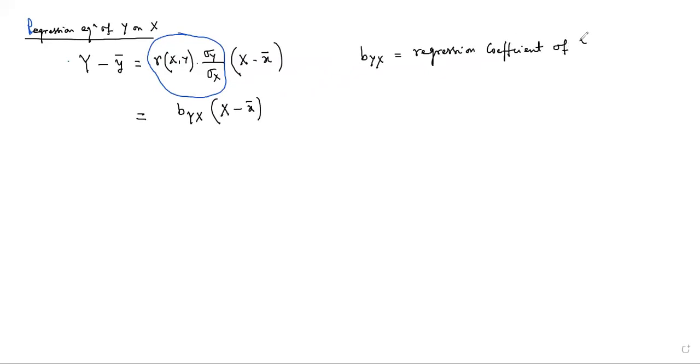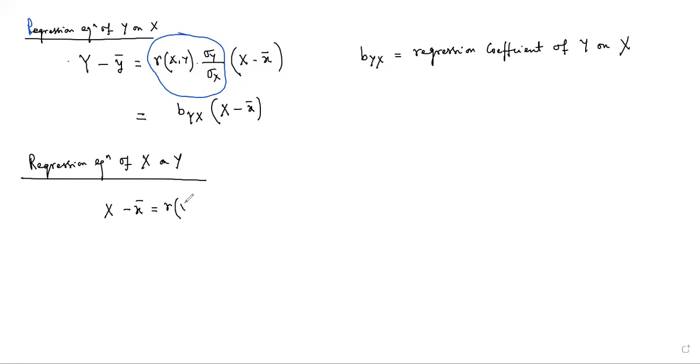Similarly, if I talk about the regression equation of x on y, then the regression equation is x minus x bar equals rxy into sigma x by sigma y into y minus y bar.